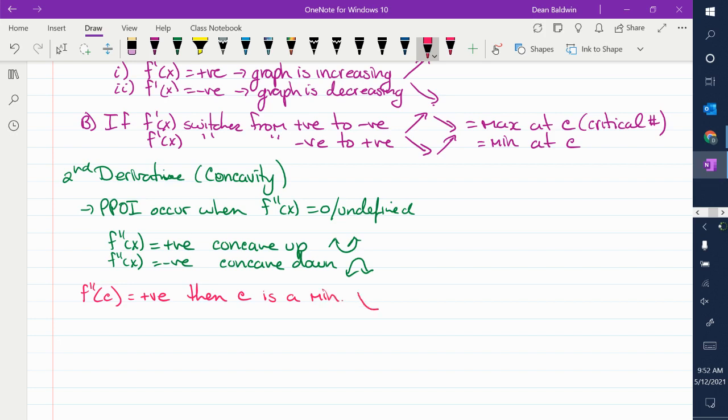Because that would mean it's concave up, but C is our critical number. And the critical numbers, we know are maxes or mins. And if it's concave up, it has to be a minimum.